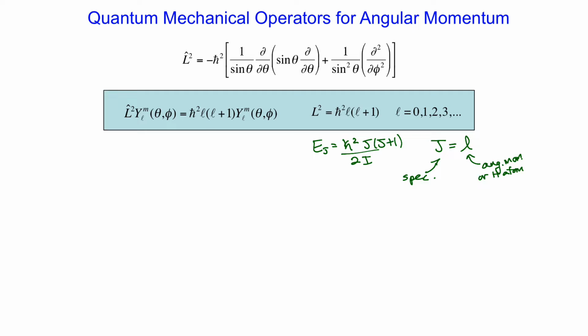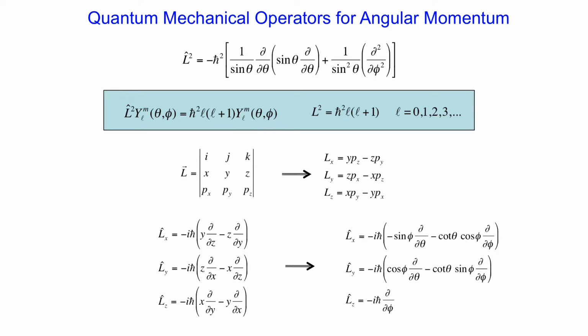So our eigenvalues of the total angular momentum squared operator are h bar squared L times L plus 1, where L can range from 0 to infinity at this point.